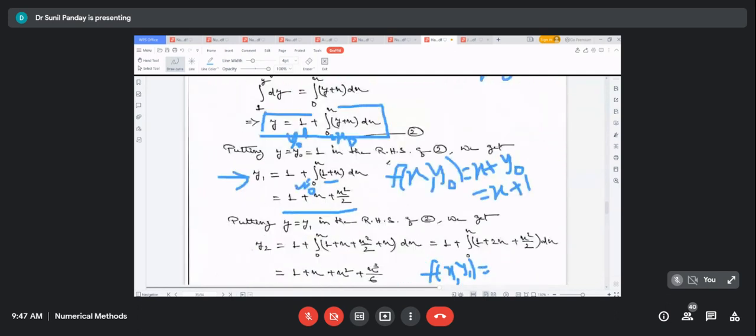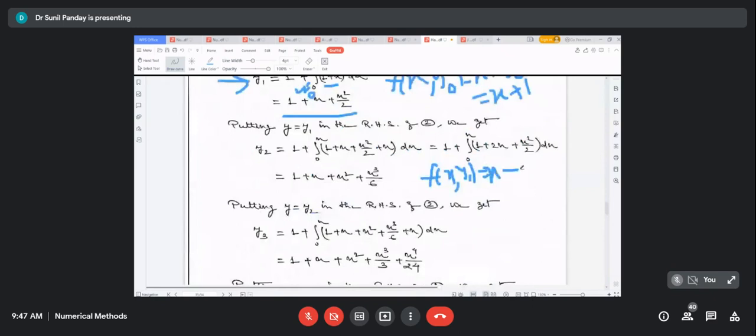So here I substitute x equals x and y equals y1, and then I substitute the value I obtained in the previous step for y1. y1 is 1 plus x plus x square by 2, actually in y1 it is x square by 2 plus x.